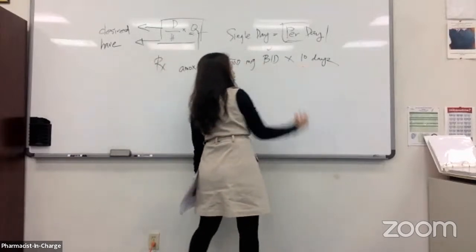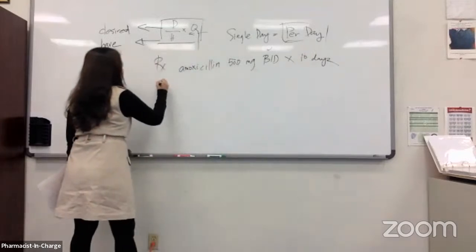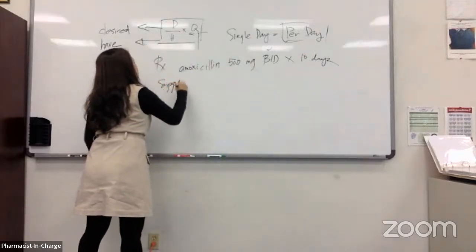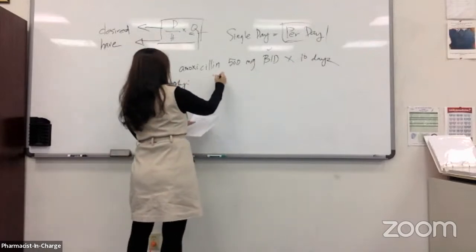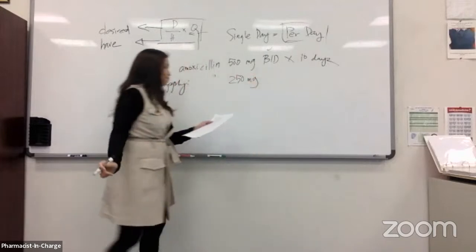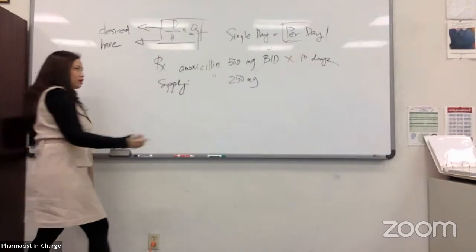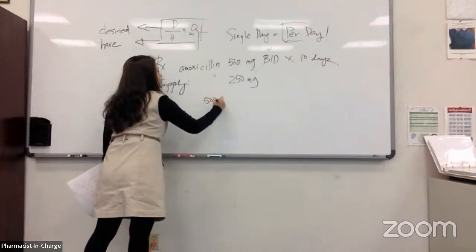Does the 10 days matter? No, cross that out right away. I don't need it, so it doesn't throw me off. What's her supply in the pharmacy? The pharmacy has amoxicillin, 250 milligrams. So you can do desired over have times quantity. The doctor desired what? 500 milligrams.